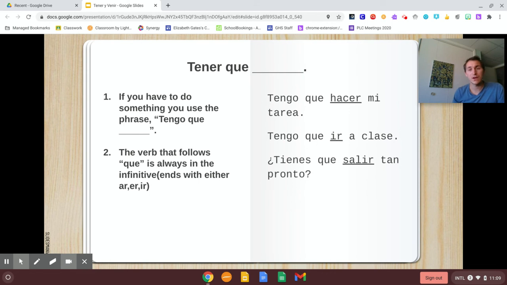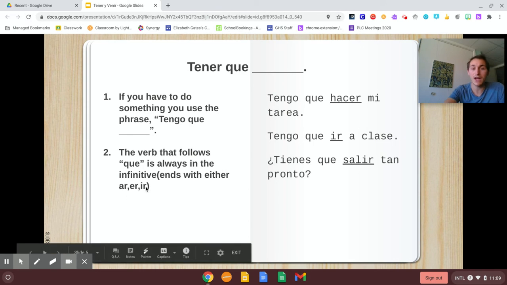So there's a common way that tener is often used, and it is tener que. If you have to do something, you use the phrase tengo que blank. The verb that follows que is always in the infinitive, the verb ending in AR, ER, or IR.